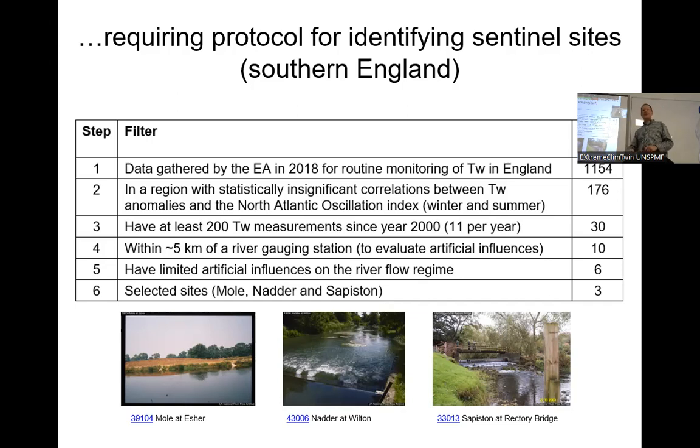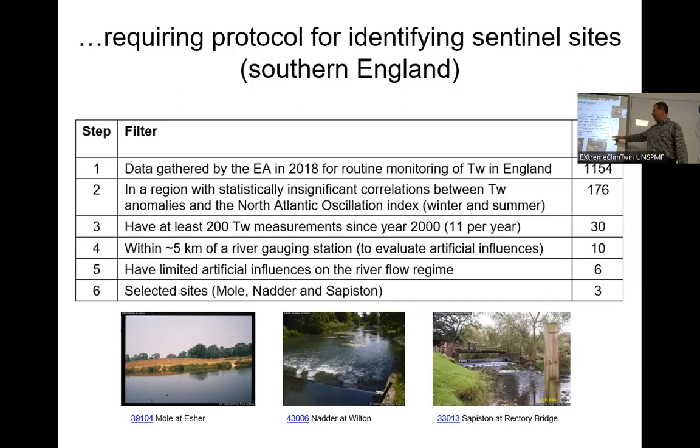Then we said we want our site to be within 5 kilometers of a river gauging station, so we can relate the water temperature to the river flow. That took us down to 10. Then we looked at how many of the remaining sites have been affected by artificial influences like upstream reservoirs, water abstractions, or effluent return, and we're down to 6.